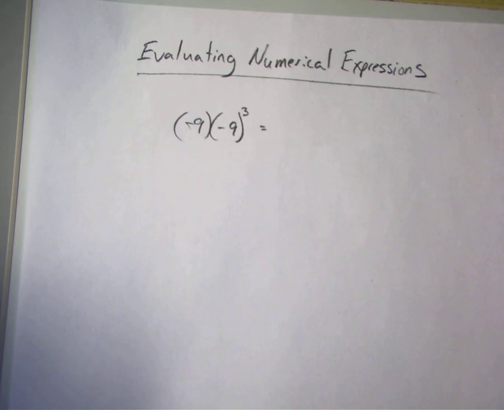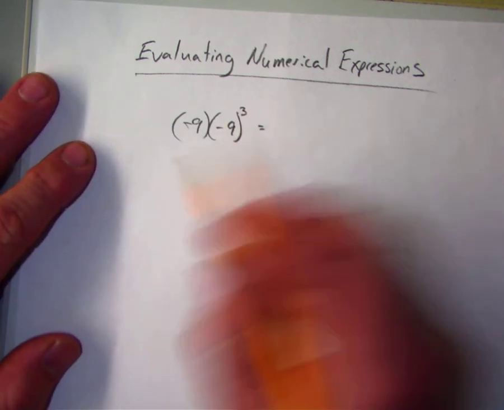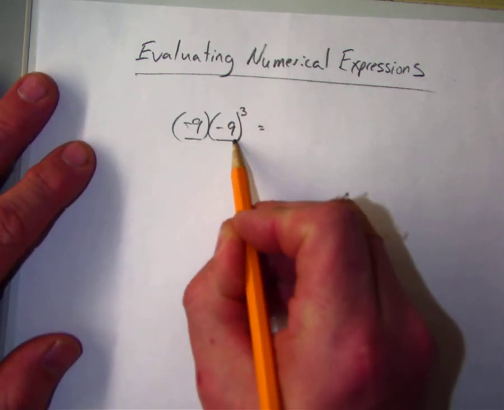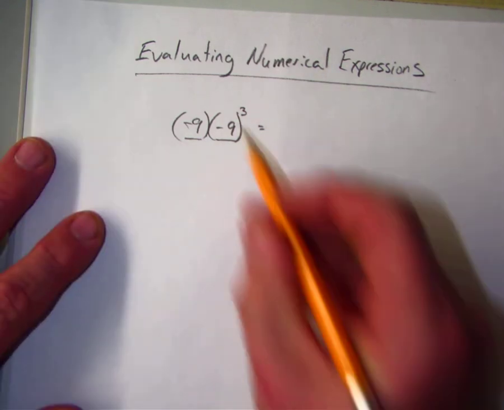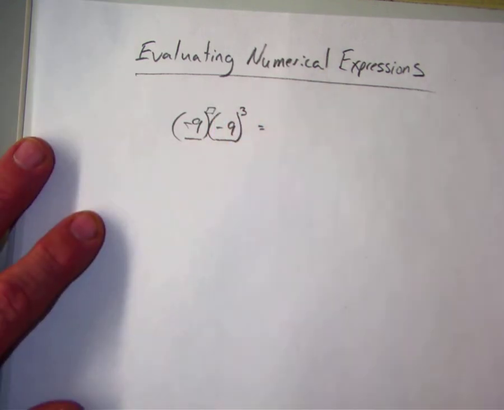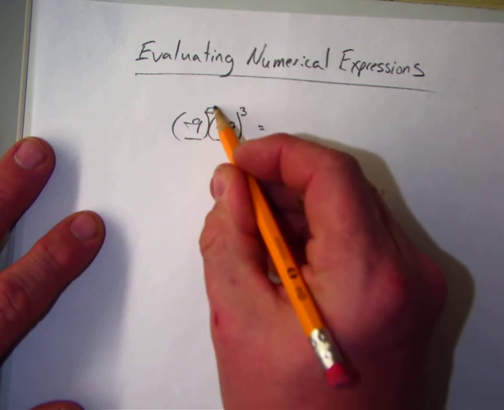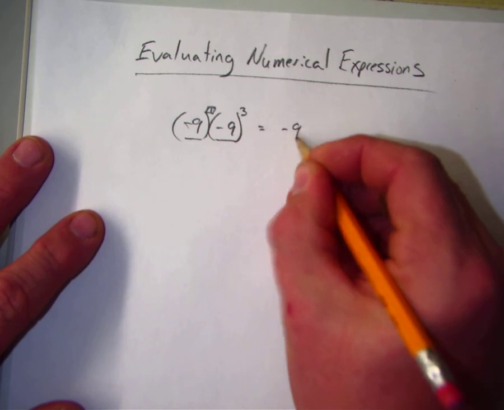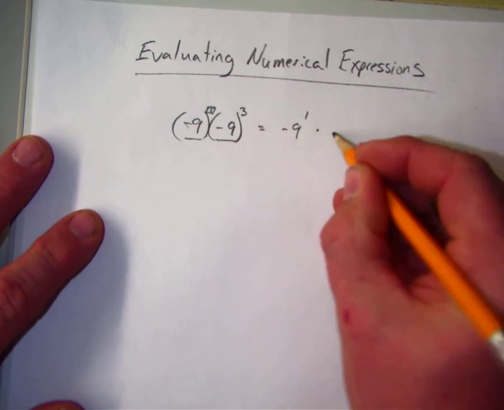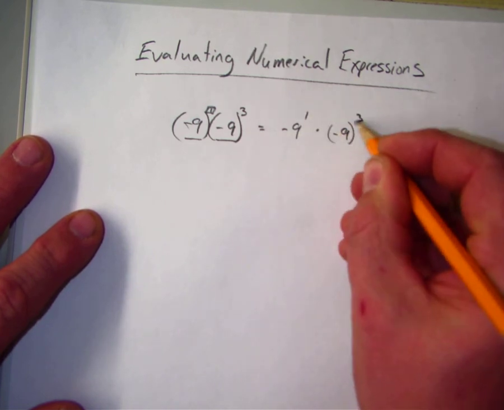To evaluate, if you notice here, the bases are the same, and I am multiplying. So really, I can add the exponents. Now, what's understood to be here? If there's no exponent written here, it's understood to be a 1. So really, I have negative 9 to the first power times negative 9 to the third power.